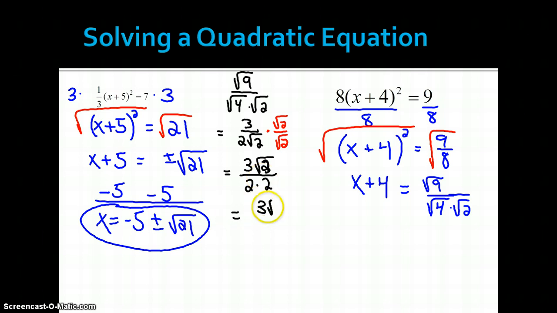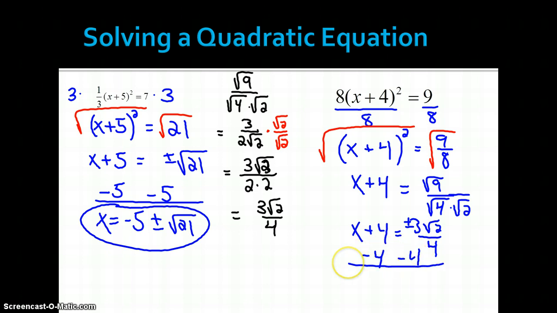That gives me 3 roots of 2 all over 4. So that means x plus 4 equals that 3 roots of 2 all over 4. That is plus or minus 3 roots of 2. Subtract 4 from both sides. X equals negative 4 plus or minus 3 roots of 2 all over 4.